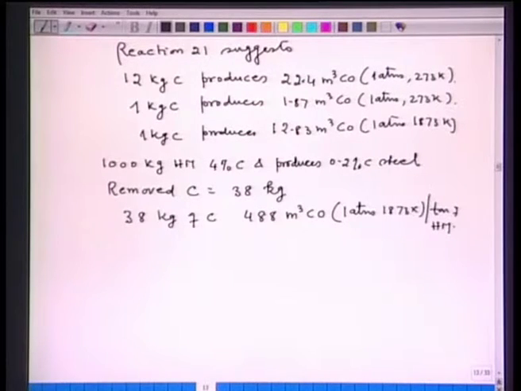Of course, this amount of CO will be evolving over a period of time. It is not that it will suddenly evolve. So, you can think that this reaction is very, very important in case of steel making.